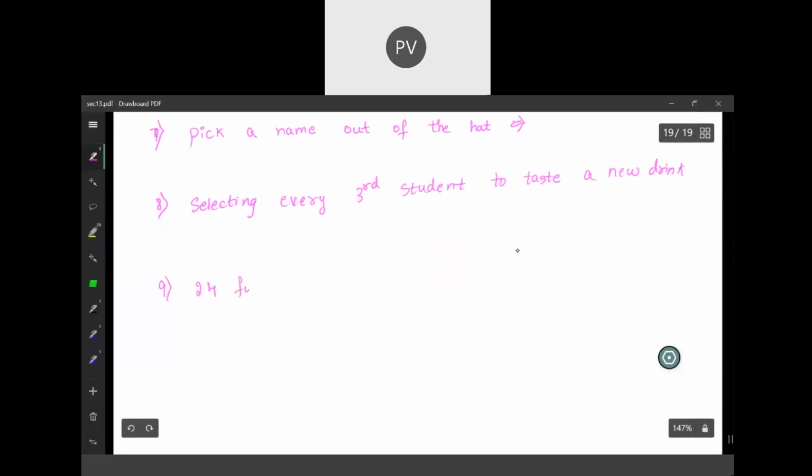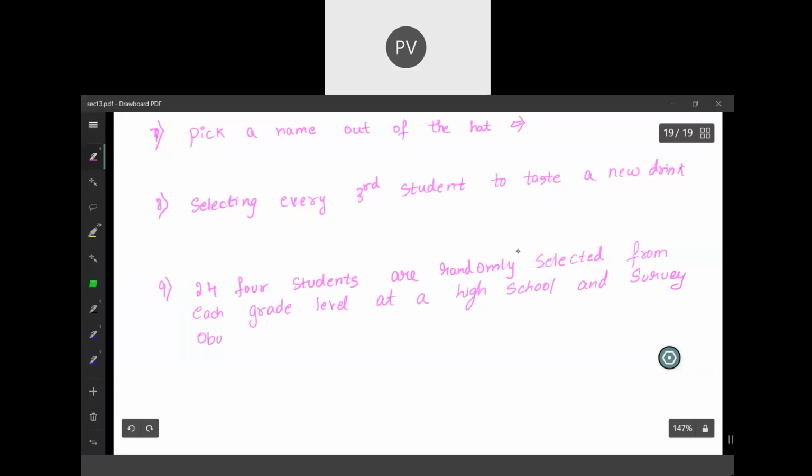I'm selecting 24 students. 24 students are randomly selected from each grade level and surveyed about study habits.